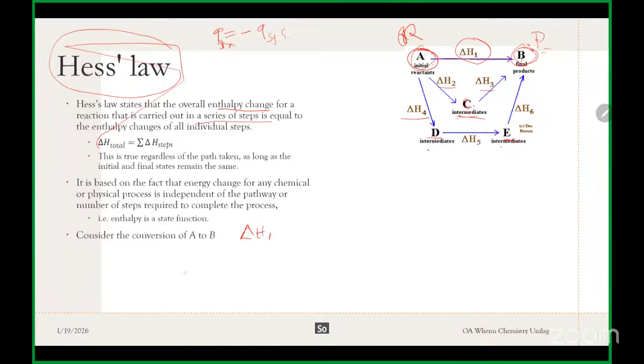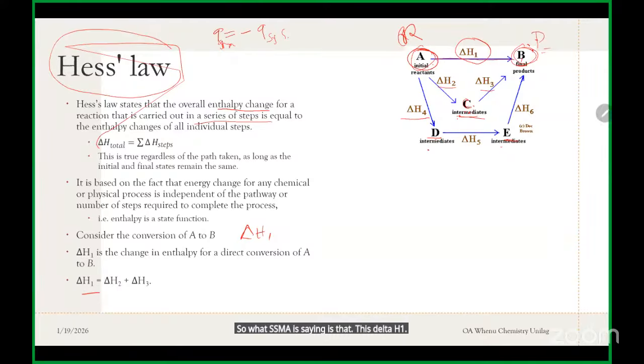So Hess's law says that this delta H1 is equal to the sum of delta H2 plus delta H3, and it is also equal to delta H4 plus H5 plus H6.